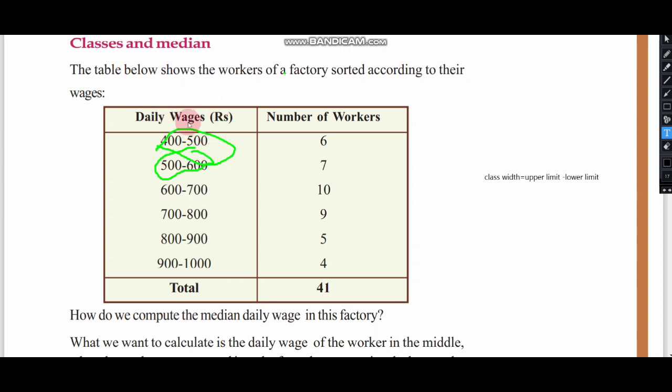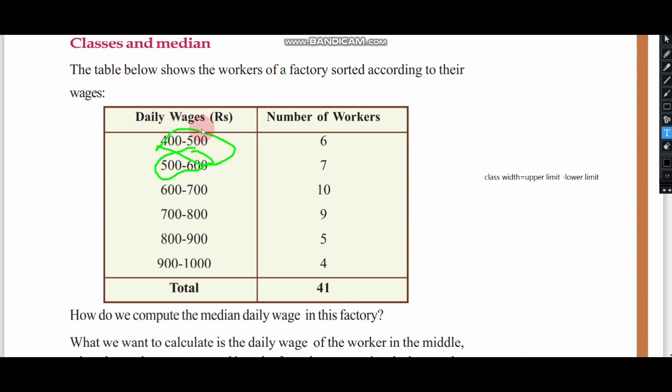Okay, so our next topic is classes and median. See here, the daily wages and the number of workers. A two column table is given there. What we understand from that table is that the daily wages from 400 to 500 have number of workers 6, and 500 to 600, like that.